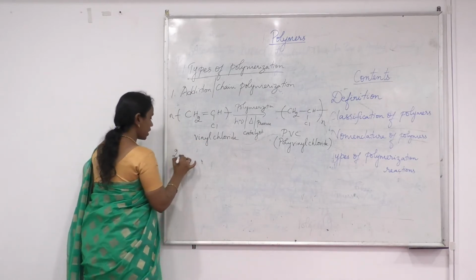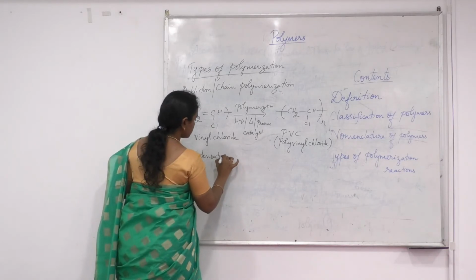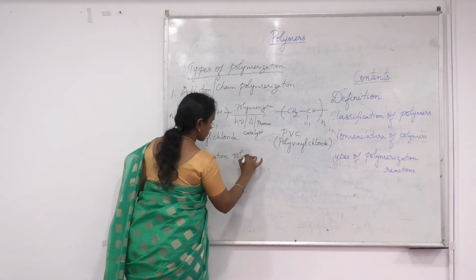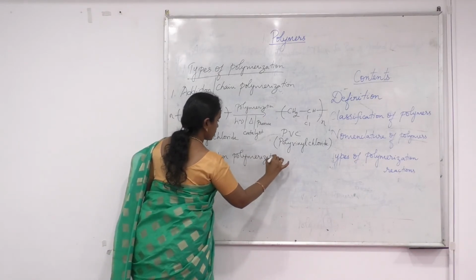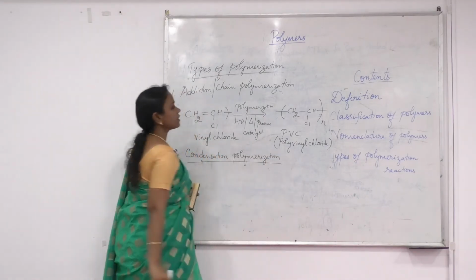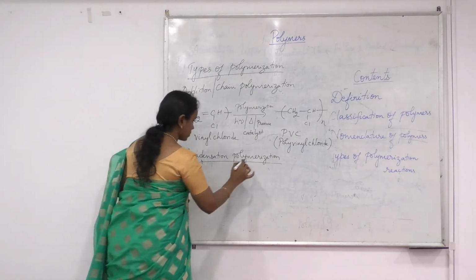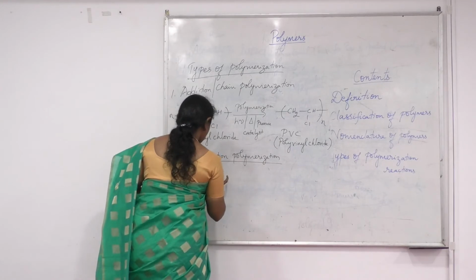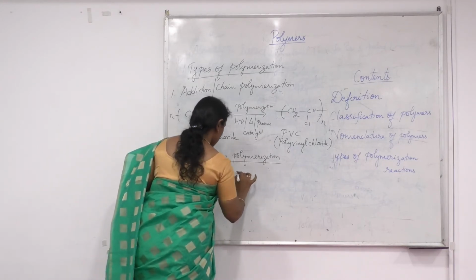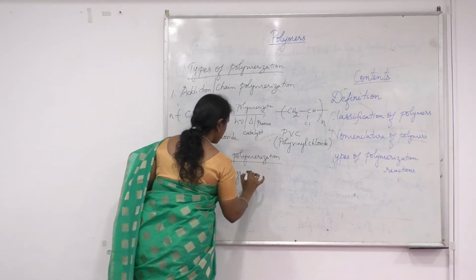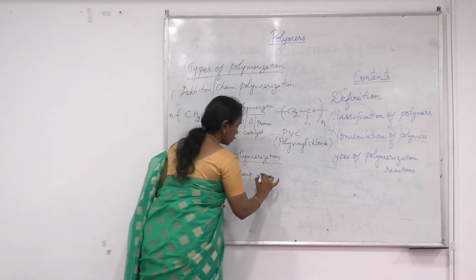Next is condensation polymerization. In the case of condensation polymerization, molecules with small polar groups should be present in the monomers.